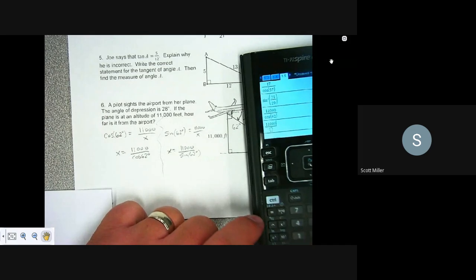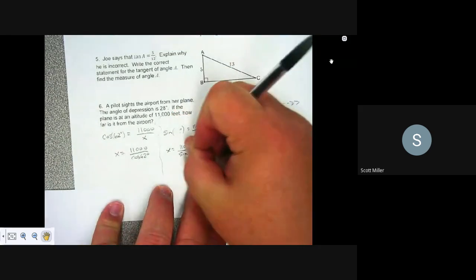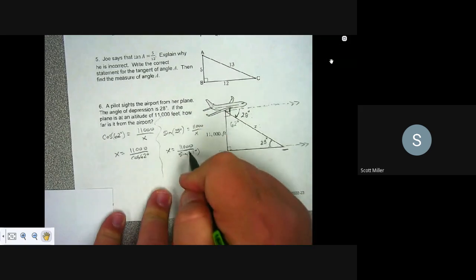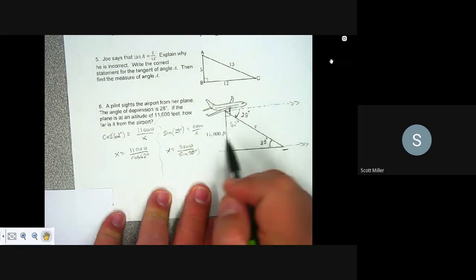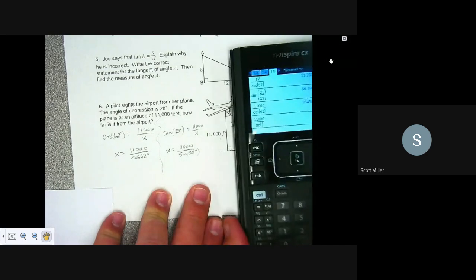And this one's the sine. I'm sorry, I put 62 in here. That's my fault. That is not a 62. I used the wrong angle. This is 28. There we go. This is the angle I used. Opposite over hypotenuse, 28 degrees. There we go. Almost made a mistake there.